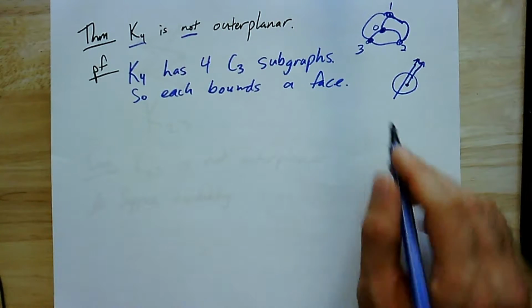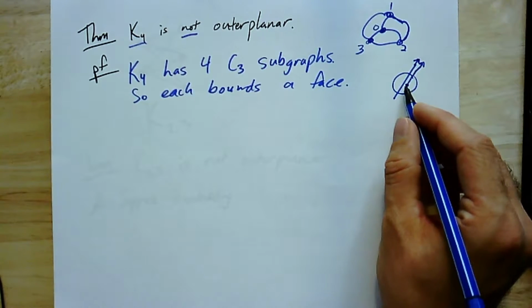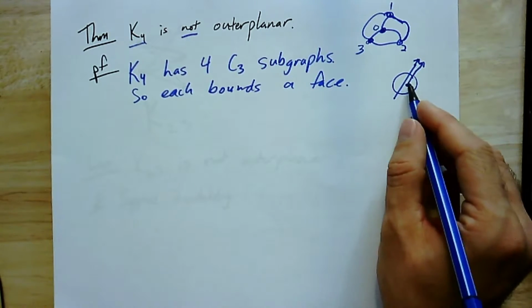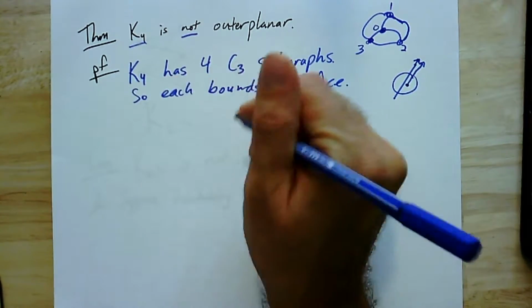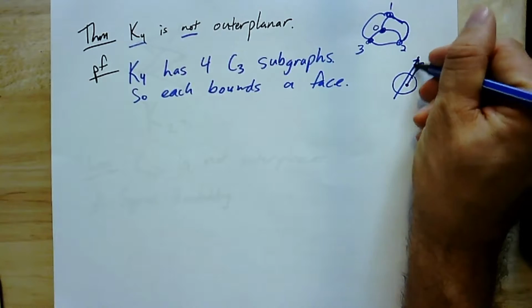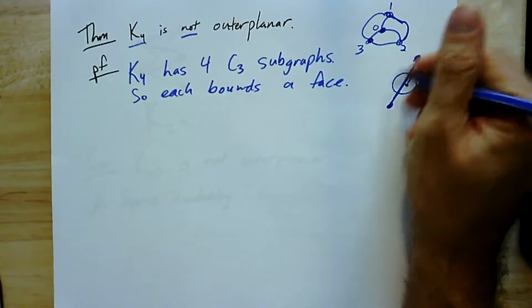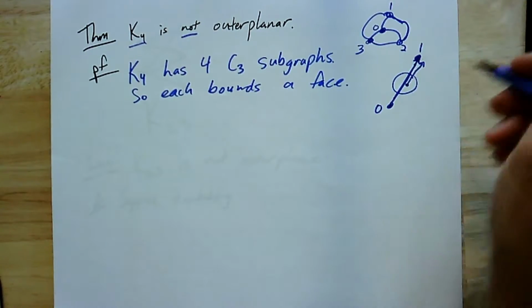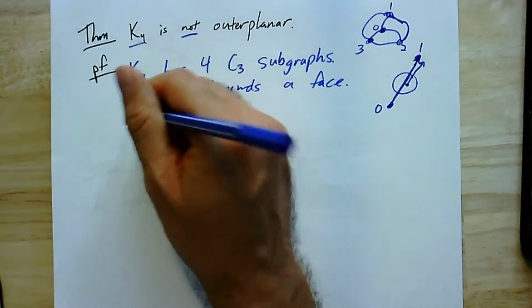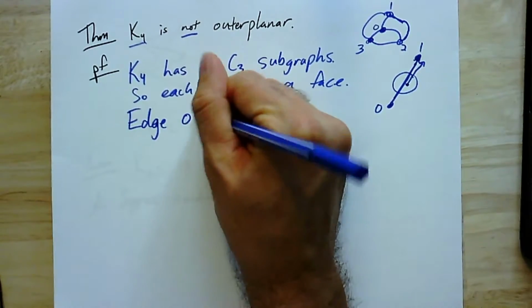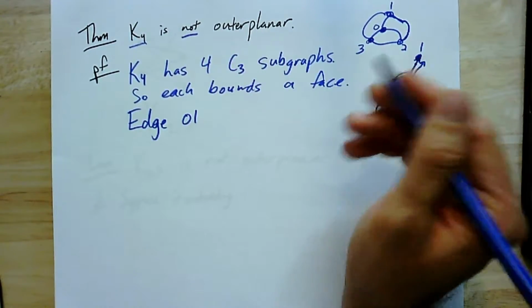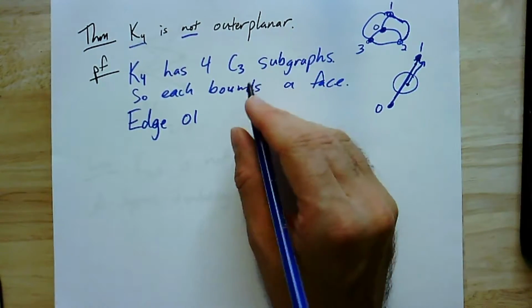What that means is that each edge can participate in only 2 faces, only 2 path-connected components, one for each side here. So let's pick a particular edge. Let's say that this was an edge 0, 1. I drew it as a straight line, but it could have been some polygonal path. So edge 0, 1 has to be on the boundary of at most two different faces.